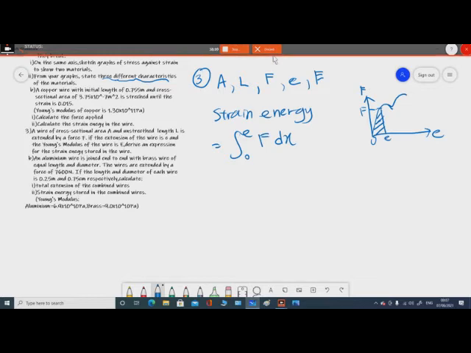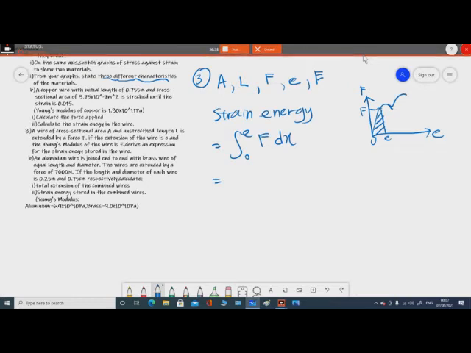Proportional limit is more accurate to say, the elastic limit is not included in this triangle.